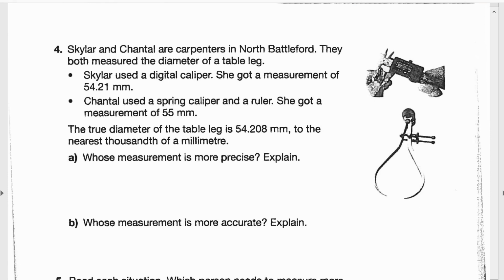Okay, moving on to 4. Schuyler and Chantel are carpenters in North Battleford. They both measure the diameter of a table leg. Schuyler has a digital caliper and got a measurement of 54.21. Chantel has a spring caliper and a ruler, and she got 55. The true diameter is 54.208 to the nearest thousandth of a millimeter. Whose measurement is more precise?